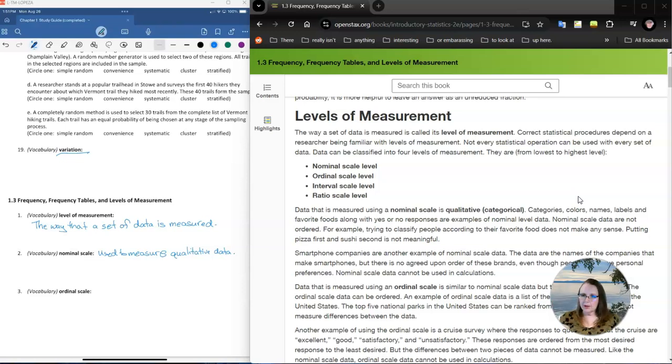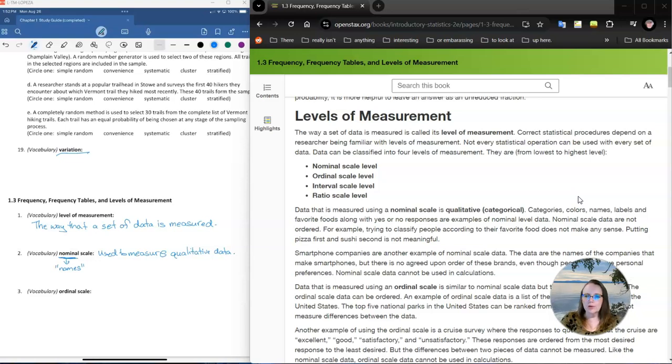From before, we talked about qualitative being qualities of things, categories of things. Nominal, the root word in this, it's talking about names, not numbers. So the name of a category. And so when I see nominal, I think of something that has a name and not a number. And that helps me to remember that we're talking about qualitative things.